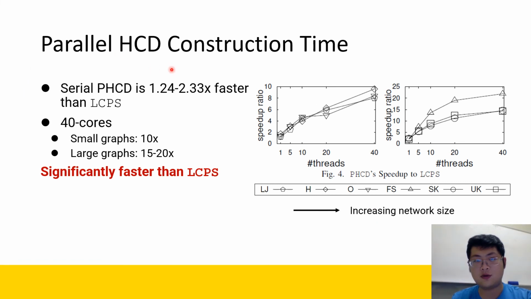For HCD construction, the serial version of our algorithm is a little bit faster than the state-of-the-art, and when 40 cores are used, we are 10 times faster on small networks and 15 to 20 times faster on larger networks. So our algorithm is significantly faster than LCPS, the state-of-the-art.